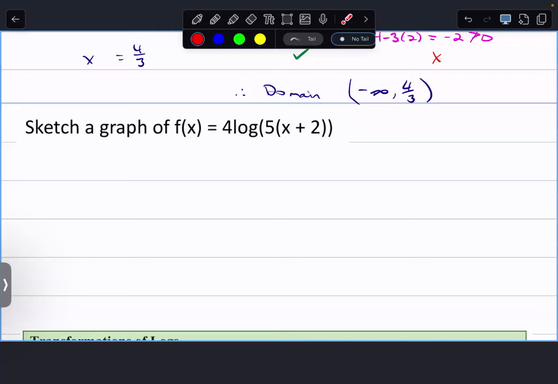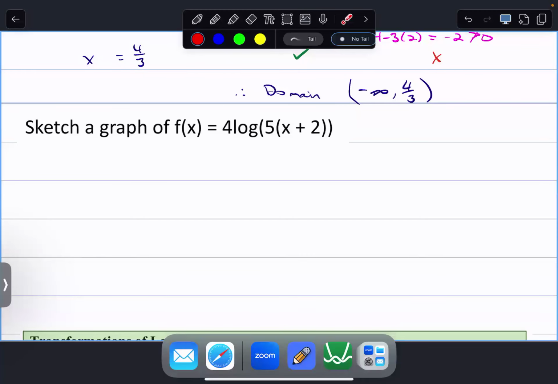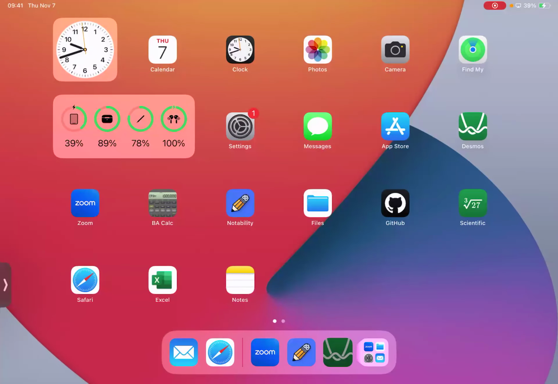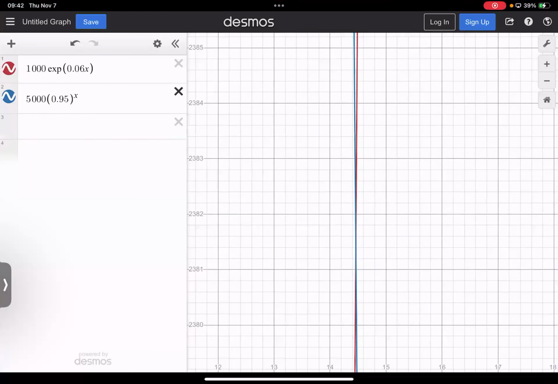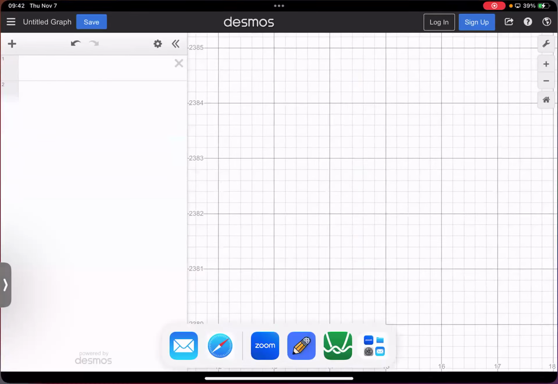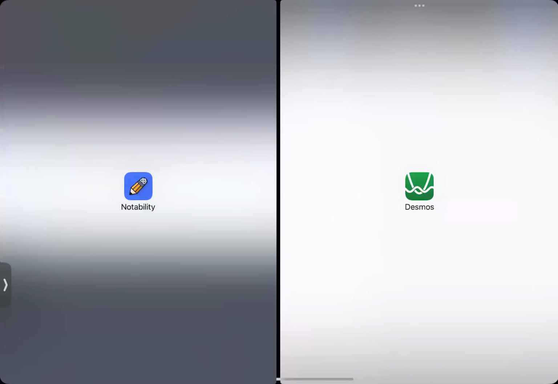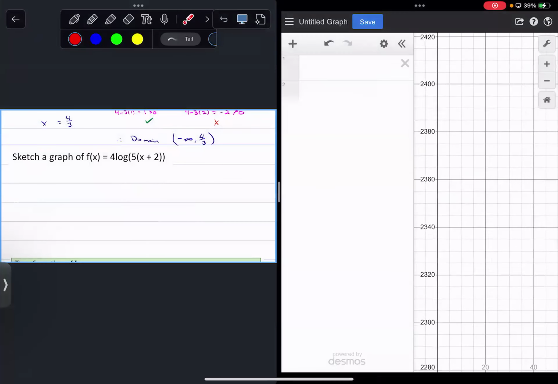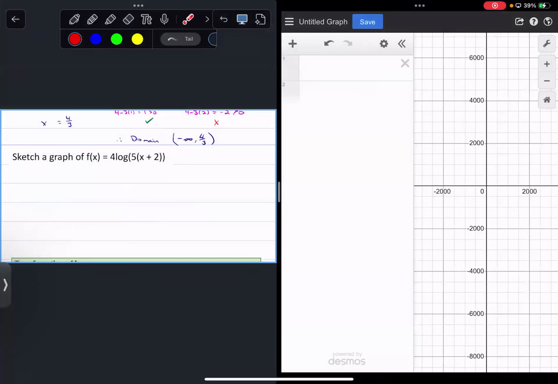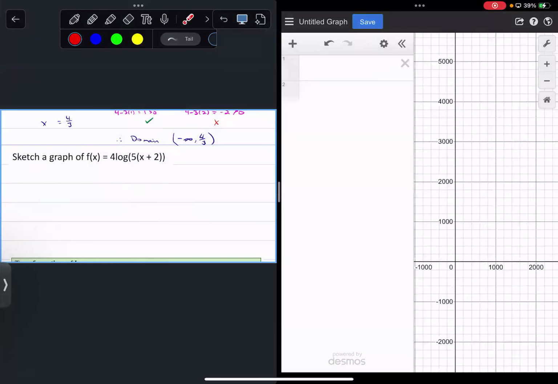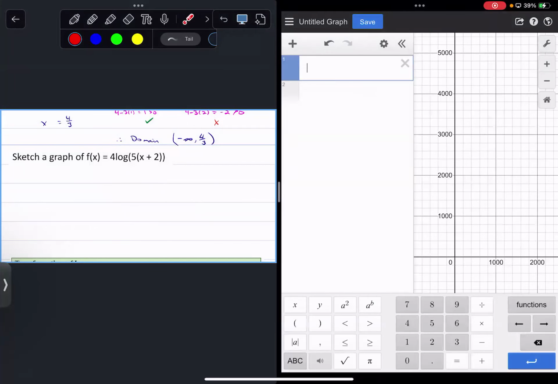So let's see if I can remember. And of course, I'm all zoomed out on Desmos. There should be a reset there. Okay, I want 4 times the log.